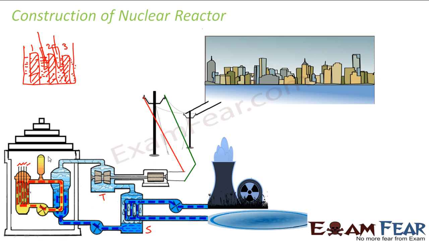At that time, the rods need to be replaced in the nuclear reactor. Right? So this is how the nuclear reactor works, and the electricity which is generated is useful in the locality. So this is one of the very important applications of controlled nuclear fission reaction.